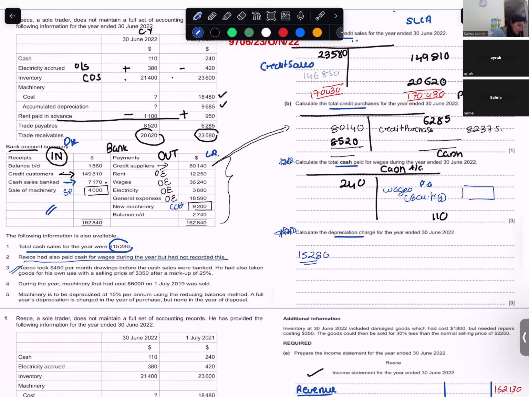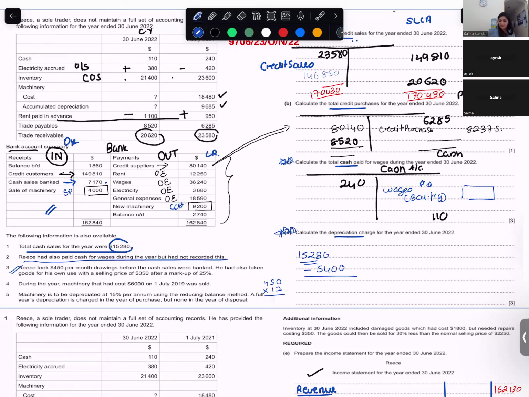So Reese took 450 per month. 450 into 12 is how much? 5,400.